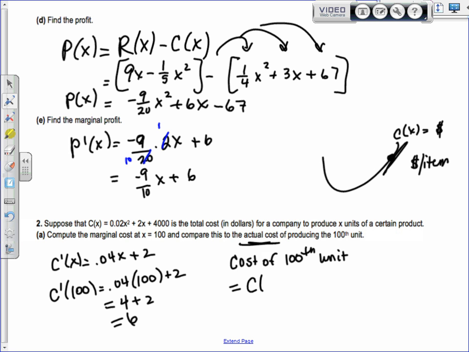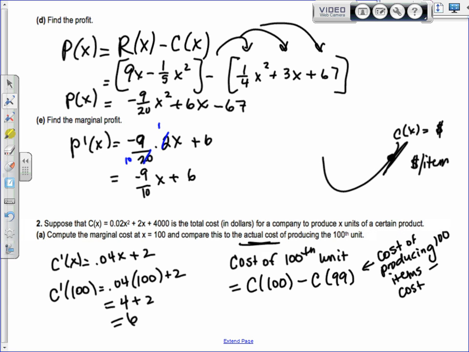So you can write that out. Cost of producing 100 items minus cost of 99 items. Does that make sense why that would be the exact cost of producing that 100th item? So you have 100 total items, subtract out 99, you get the 100th item.